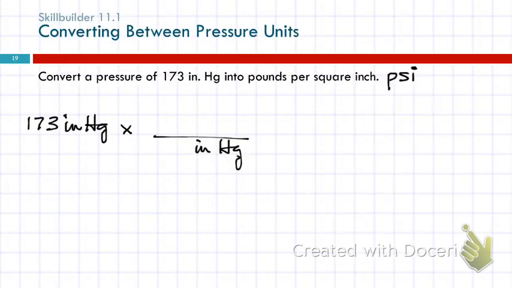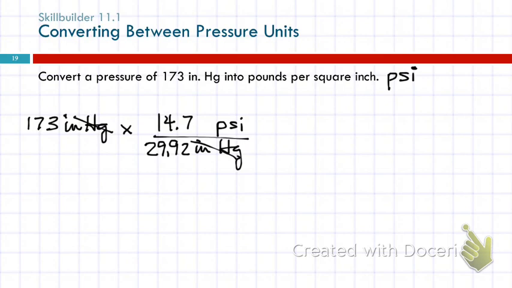So I got PSI up here, 14.7, and down here 29.92. So we do the math, 173 times 14.7 divided by 29.92. Again, a whole bunch of digits. Well, how many sig figs in 173? 3. 14.7? 3. 29.92? 4.